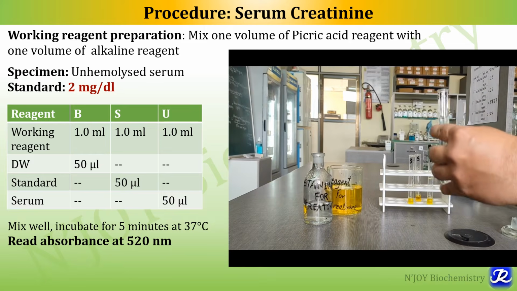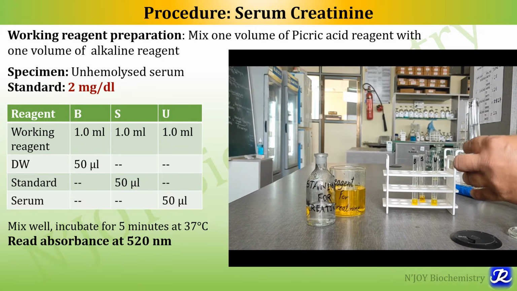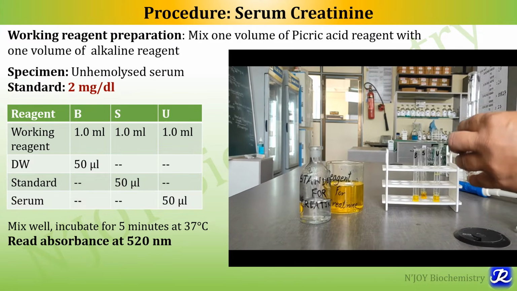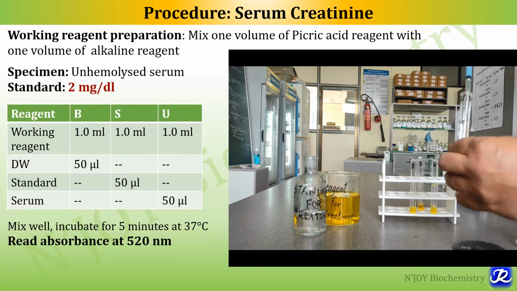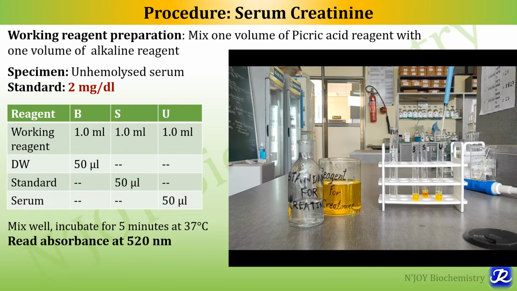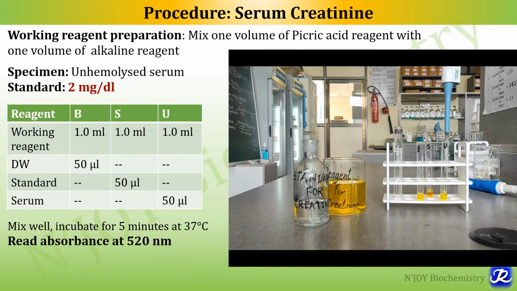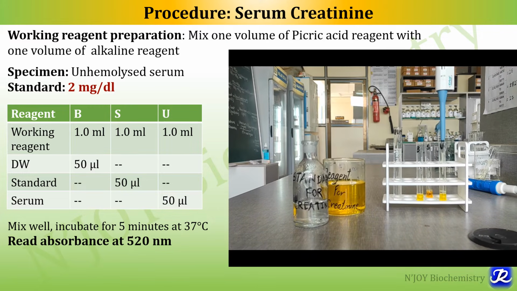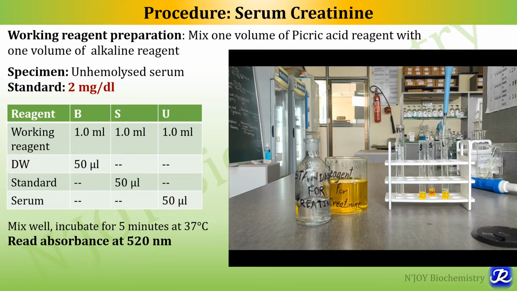Then add the serum sample which is artificially prepared in the laboratory, as this is just for the academic purpose for UG students. So add 50 microliter of sample in the unknown.